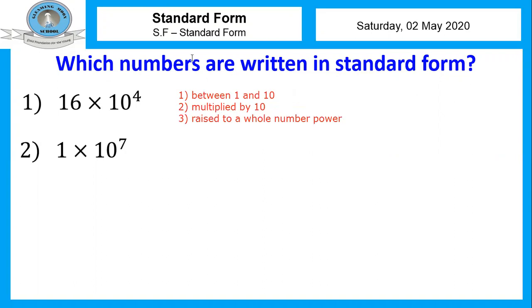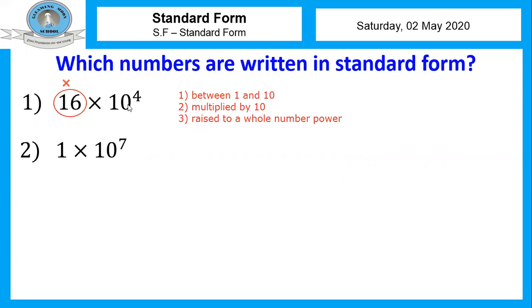Okay, so let's have a look at number 1. 16. Is 16 between 1 and 10? Nope. 16 is greater than 10. And because 16 is greater than 10, that disqualifies it from being a standard form.